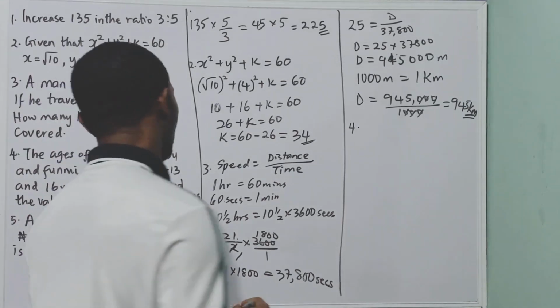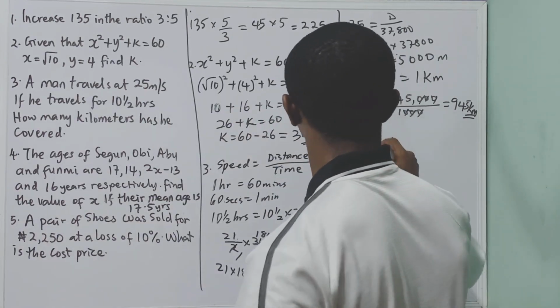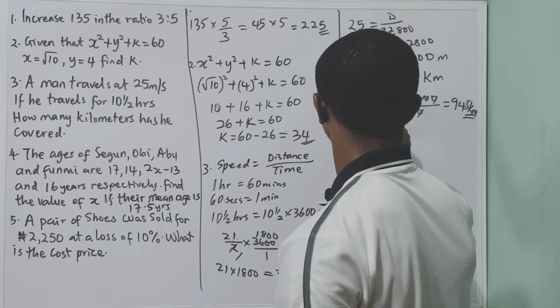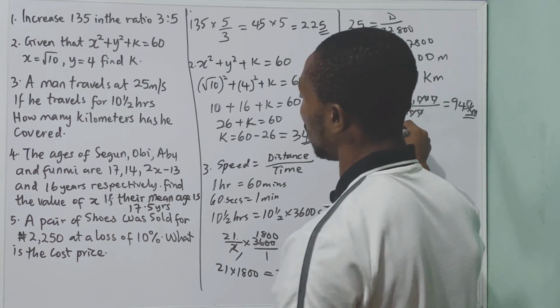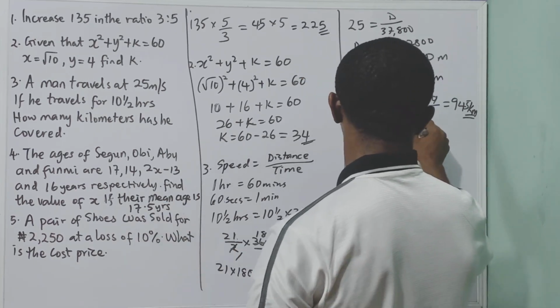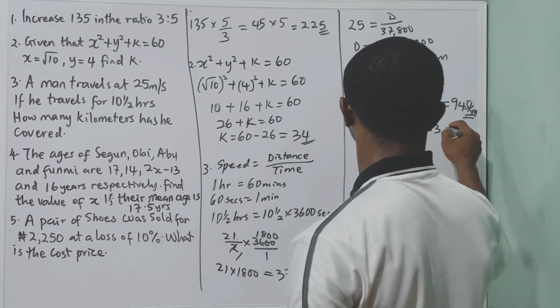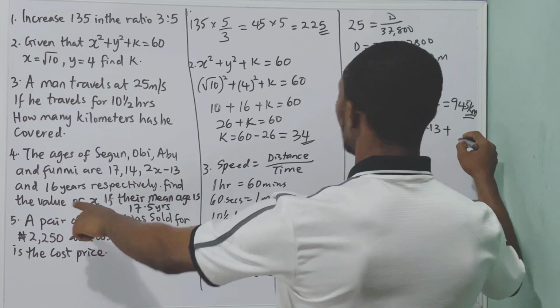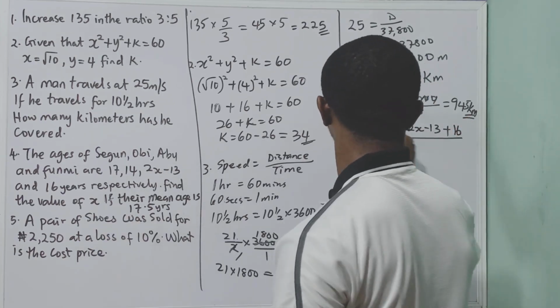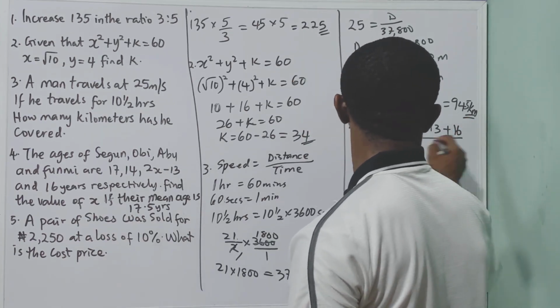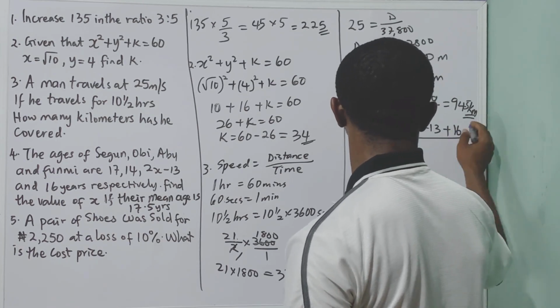Alright, now for us to find their mean age, we know that 17 plus 14 plus 2x minus 13 plus 16 divided by 4 would give us their mean age.